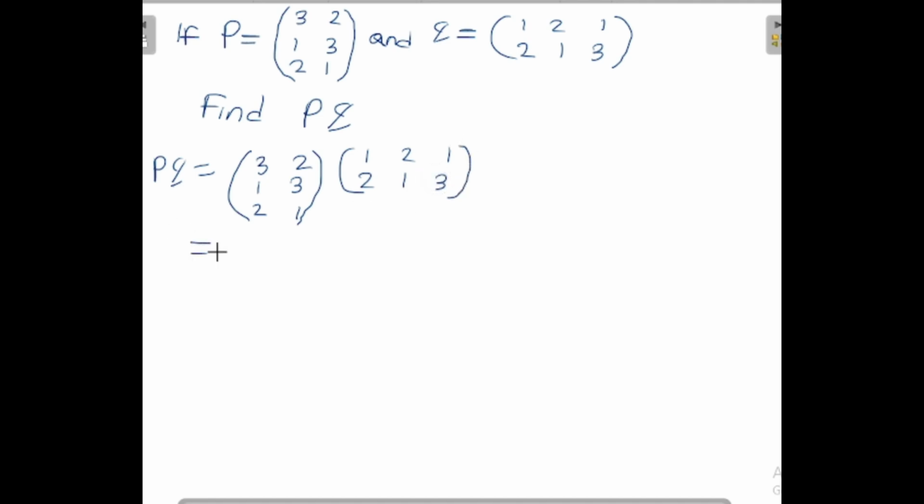So we can say now PQ. Normally we say row times column. That's how we do it. Okay. Now this row we multiply this column. So we say 3 multiplied by 1. 3 times 1 plus 2 times 2. Then this row again, multiply this other column again. So we say 3 times 2 plus 2 times 1.